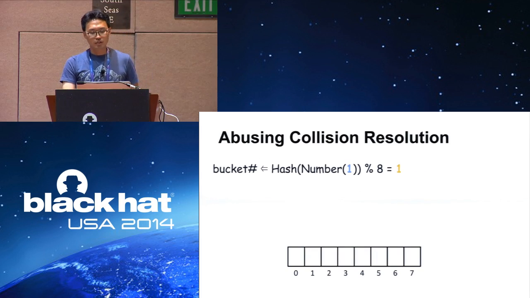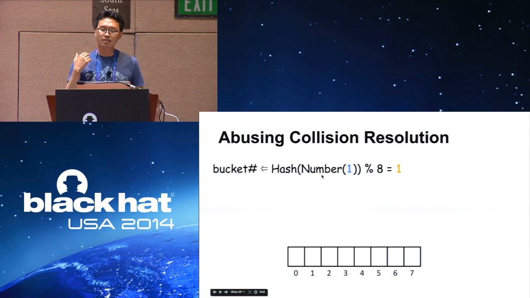Let's say there is a hash table with size 8, and you want to insert this number object. By the way, let me simply assume that the key and the hash for the number object are the same. Like if you put 1, then the hash will still be 1.